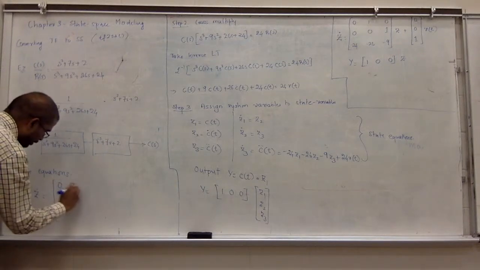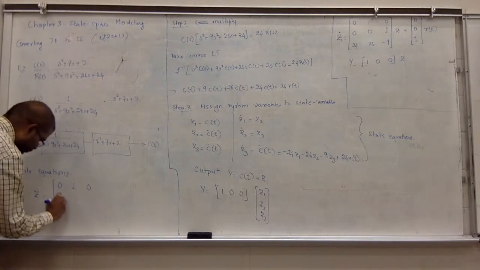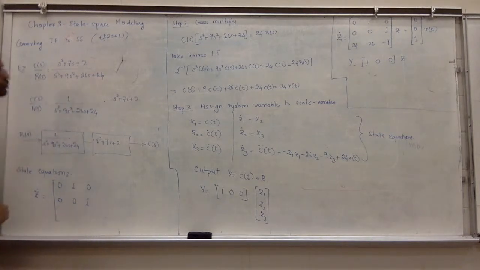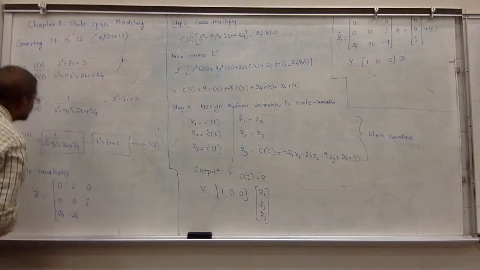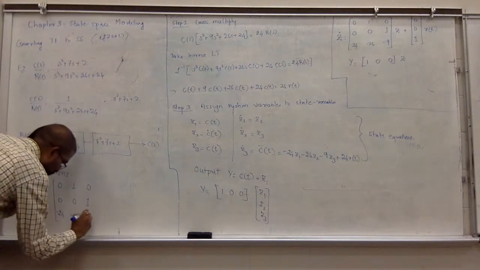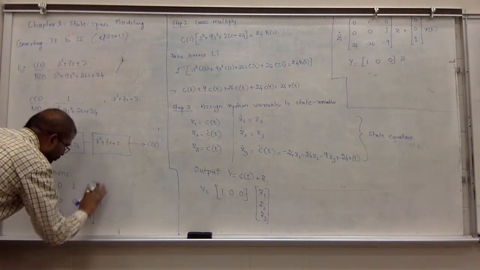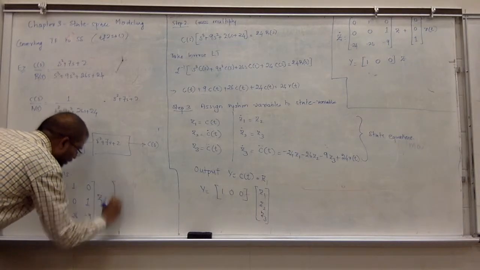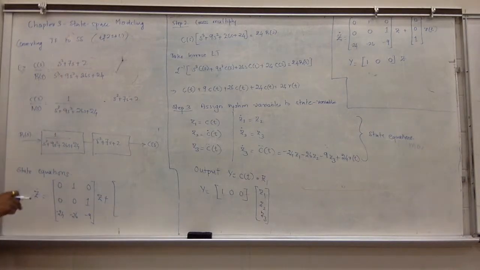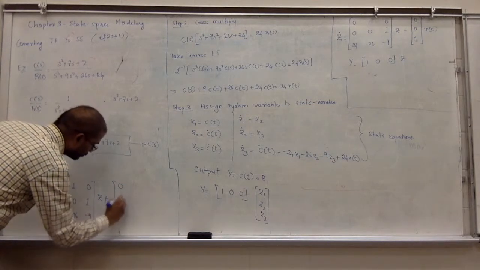A matrix will exactly be the same. The B matrix will now be 0, 0, 1.